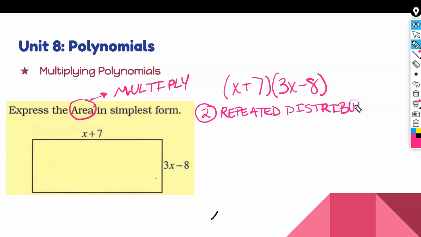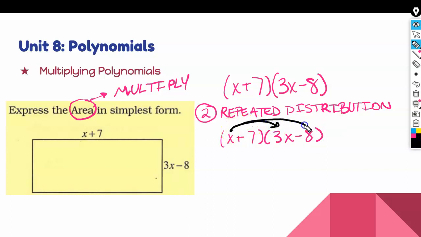And I think that calling it repeated distribution helps me remember what it's all about more than FOIL does, but that's just me. So x plus 7 and then 3x minus 8. So I'm going to distribute this x to the 3x, but also to the negative 8. And I'm going to take this 7 and distribute it to the 3x and also to the negative 8.